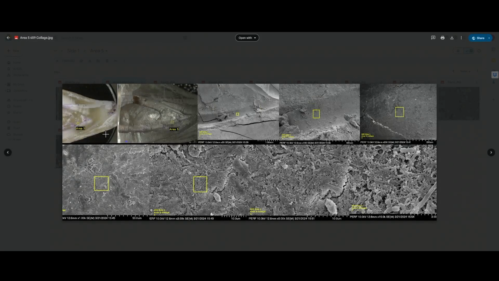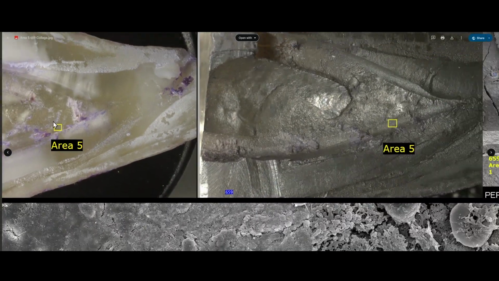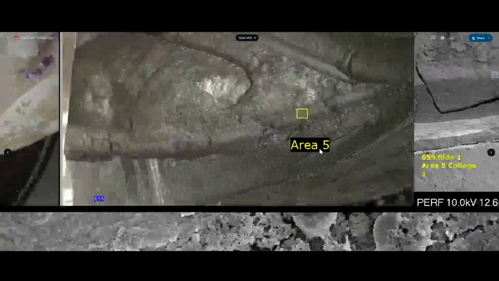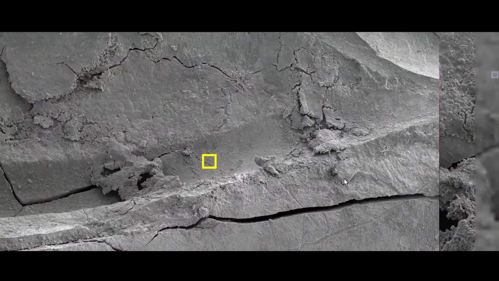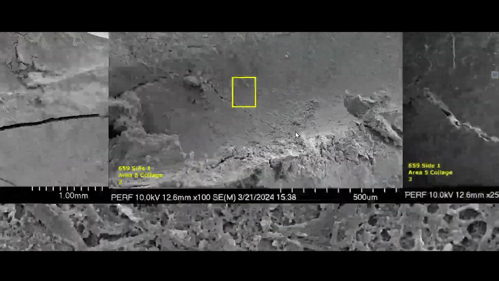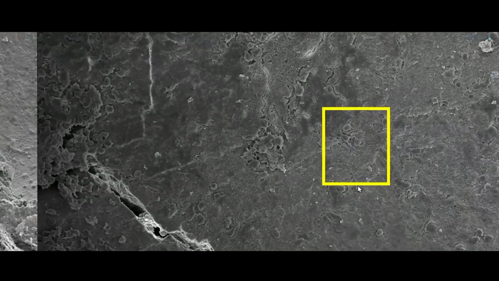Looking at area 5, you go in and correlate where you're actually looking in the specimen. I tried to look in areas where there wasn't any tissue, where you had the exposed dentinal wall.